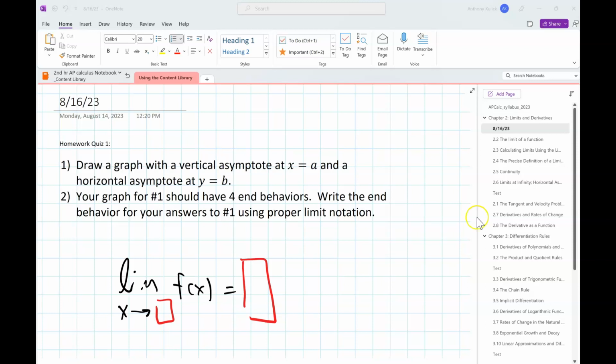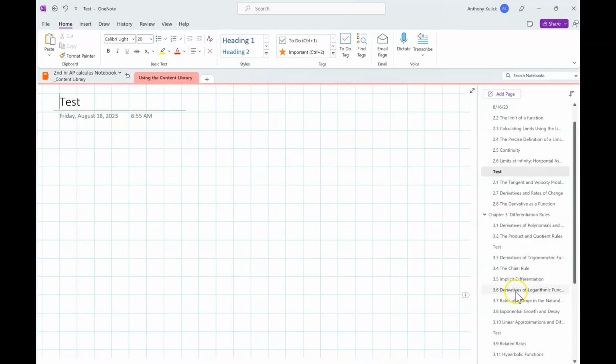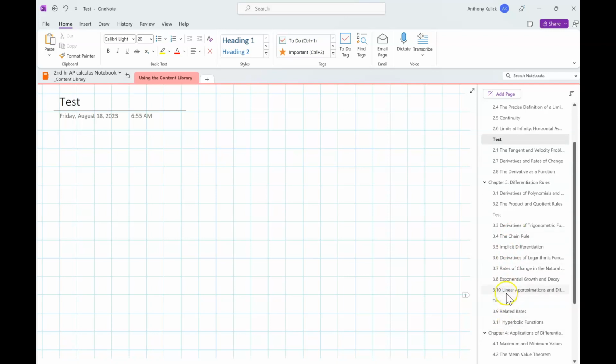On the OneNote, you'll notice that I added some extra stuff in and moved some of these sections around a little bit. So I've kind of put in perspective, like after these many sections, we'll do a test, just to give you guys an idea.